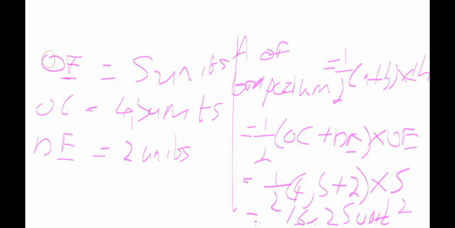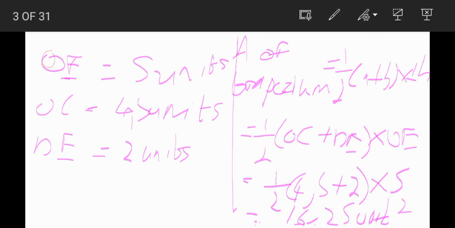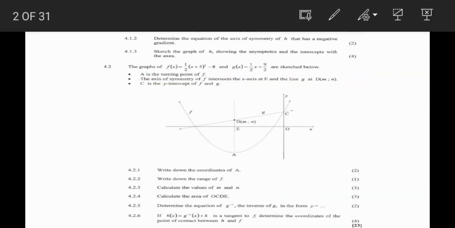Or if you knew it was a trapezium but forgot the formula, because let's all agree a trapezium is not a very common shape, so it's easier to forget its area, you could have done it like this.